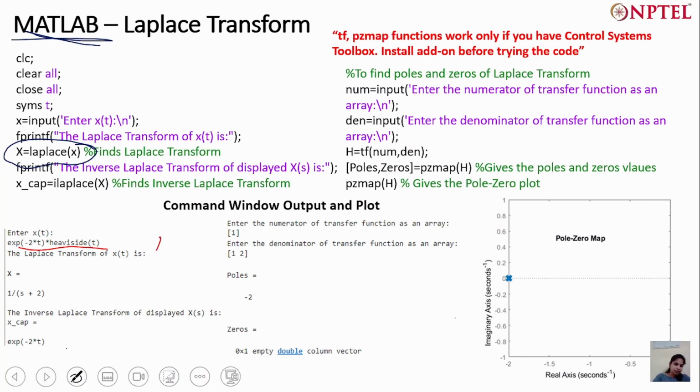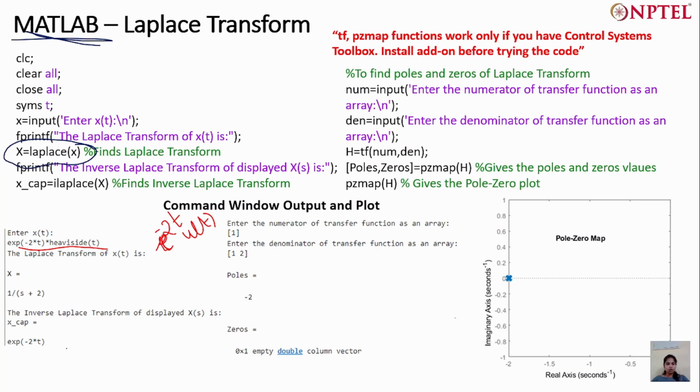Here u of t we write as heaviside of t. We know that the Laplace transform is 1 by s plus 2. So if I write Laplace of x, I will get 1 by s plus 2. The function to find the Laplace transform in MATLAB is Laplace of x. Like this, you can find the Laplace transform of any complicated functions also.